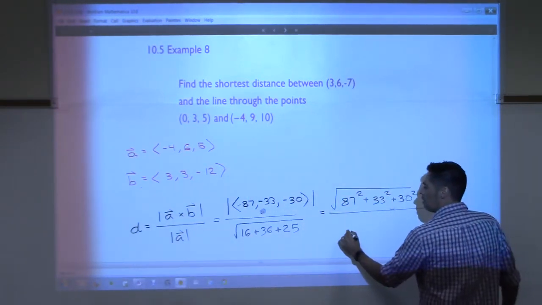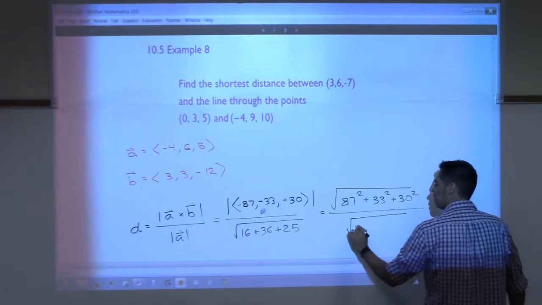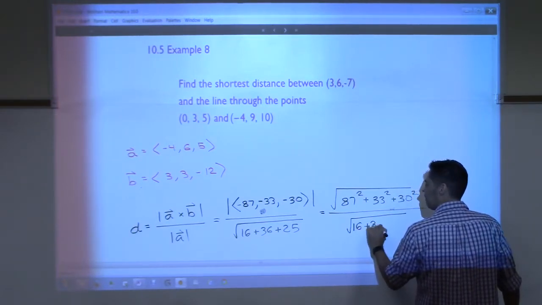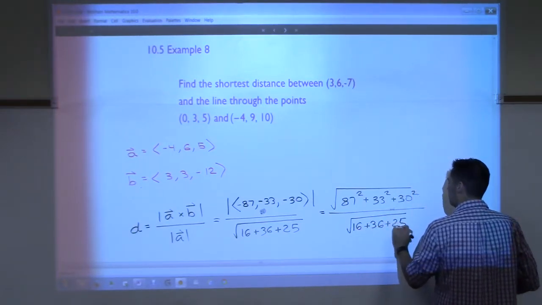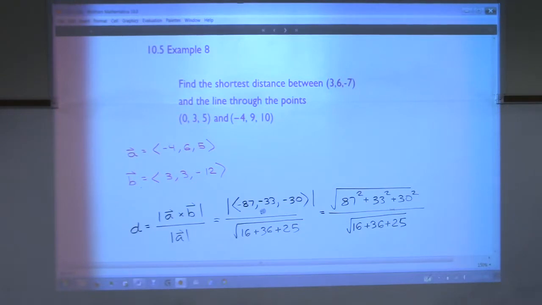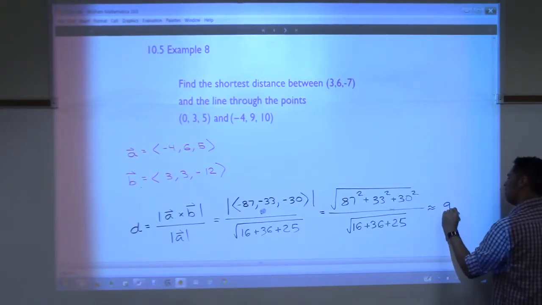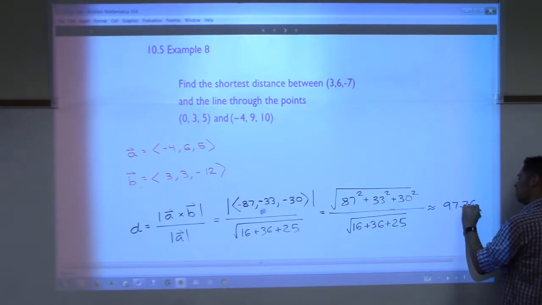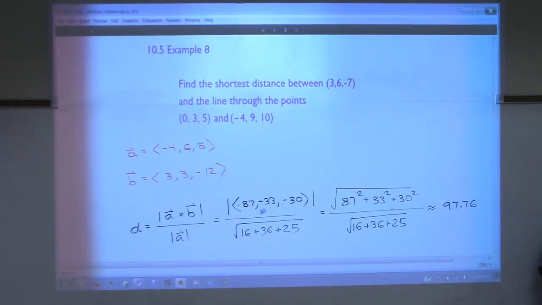So all of this over whatever this is, and I'll wait for a volunteer for an answer on that. 97.76. About 97.76. Anybody else get that? Round to the 7. Okay. It's fine.